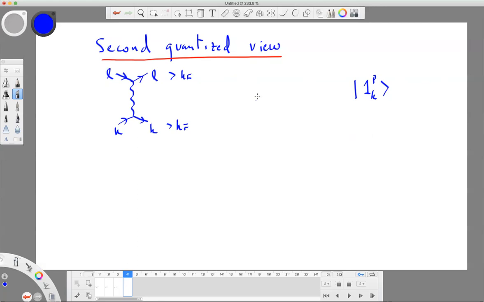And then I apply the interaction. So the interaction is going to be what? I remember this is R and R prime. So we're going to have injecting the KL, so this would be KL in, and extracting the KL in that same order.